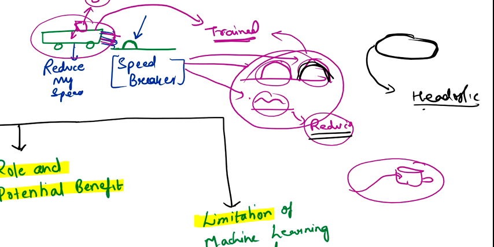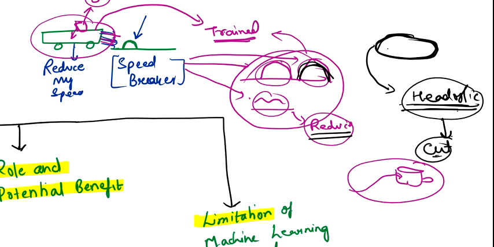Now head office will again train the machine on what to do. Suppose there is a hole on the road and the camera and the system were not well trained for this kind of hole earlier. So this time the camera saw the hole, but it did not do anything. Why did it not do anything? Because it was not trained. So the car went at full speed and did some damage.